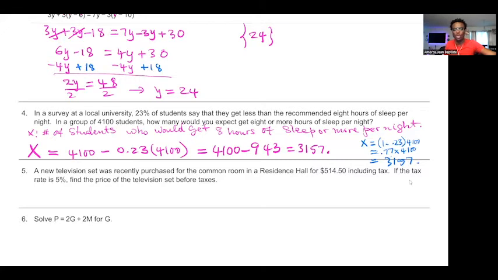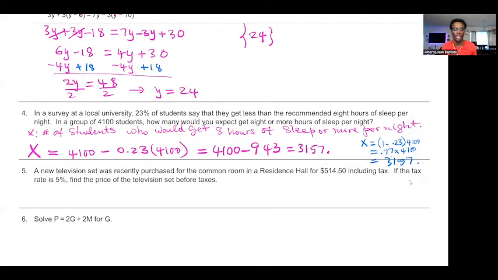So you call the variable and the total 4,100 and subtract the amount. Sometimes they can ask you the opposite. They can ask you, how many of them got the actual amount of sleep? How many of them got more than the amount of sleep? How many of them did not get the amount of sleep, while they give you the same percent?